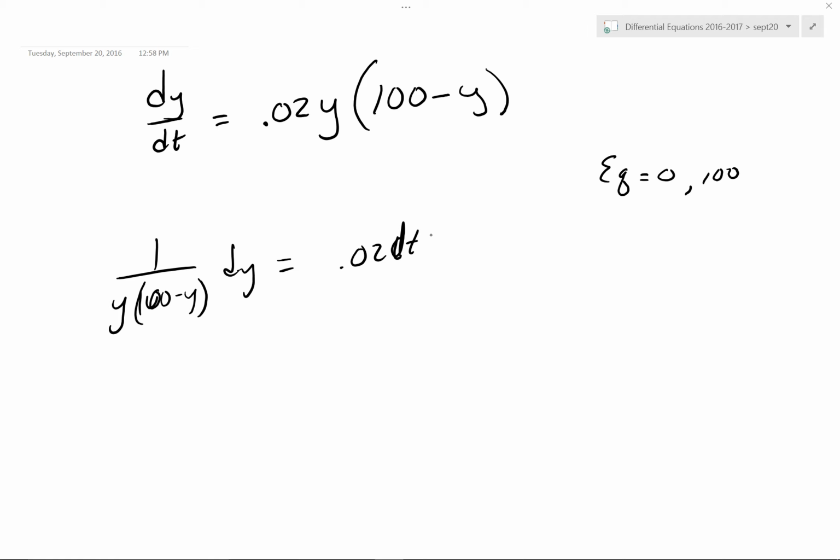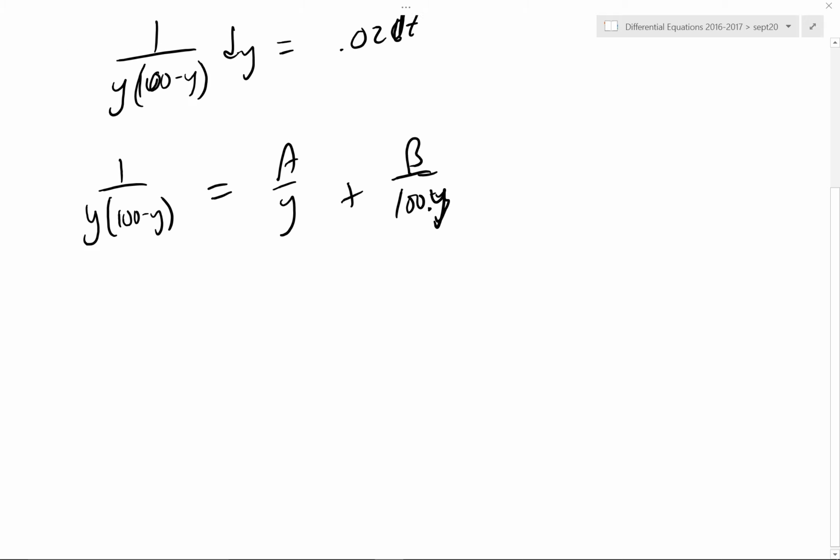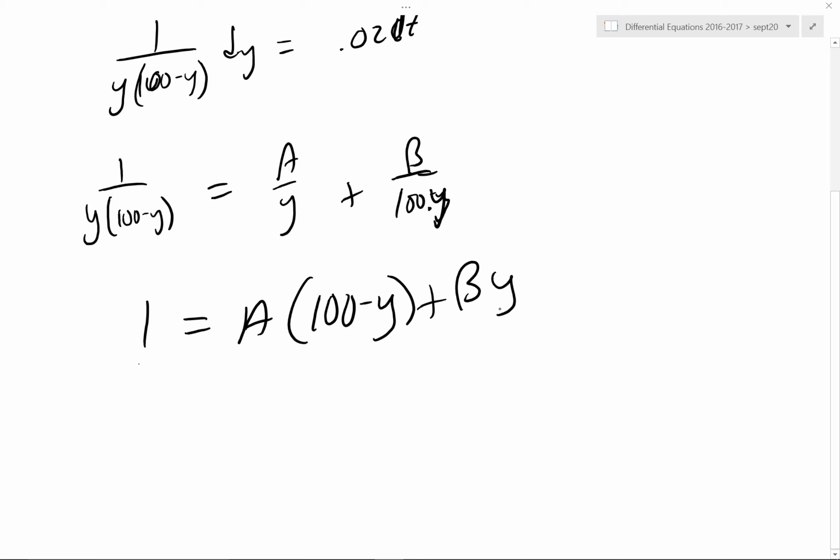So, what happens now? Well, 1 over y times 100 minus y is a over y plus b over 100 minus y. So you're going to get 1 equals a times 100 minus y plus b y. If we put in 0, you're going to get 100a, so a is 1/100th.